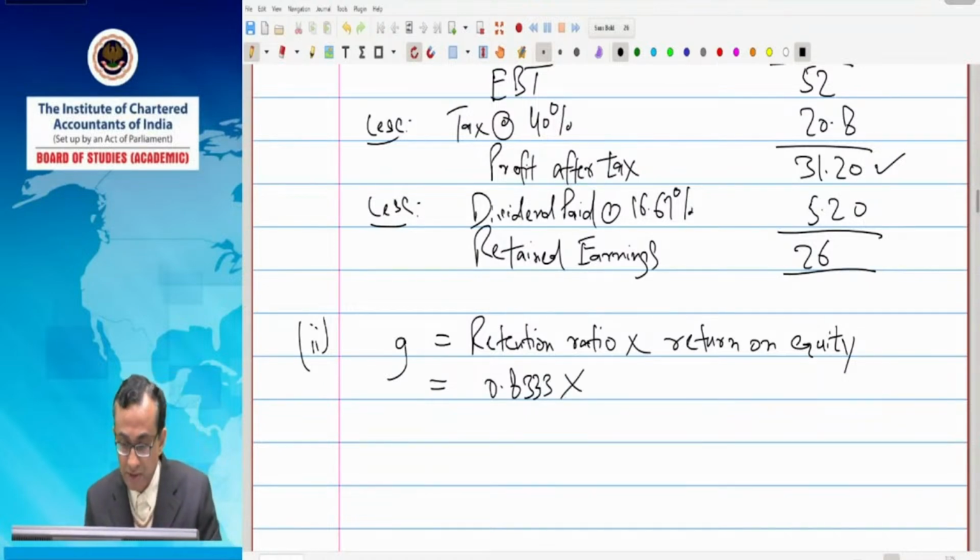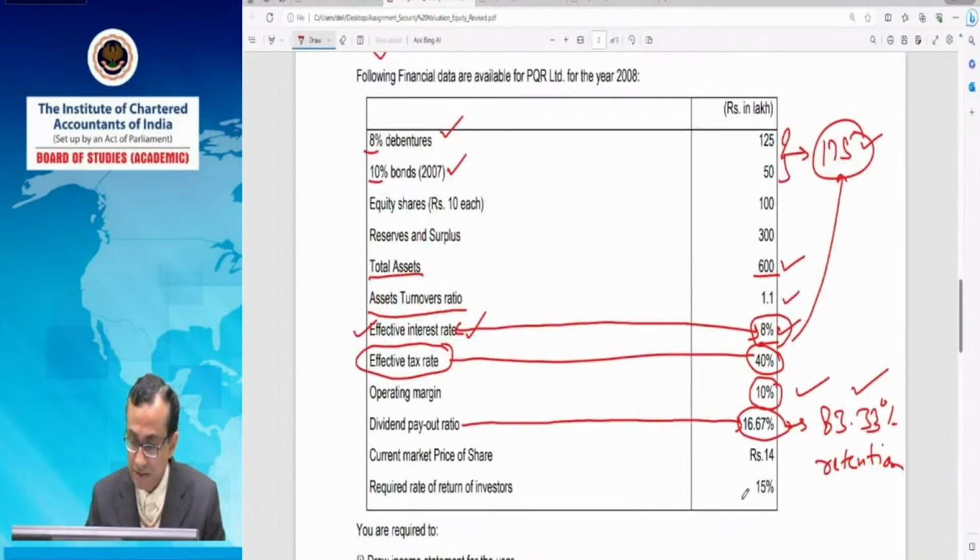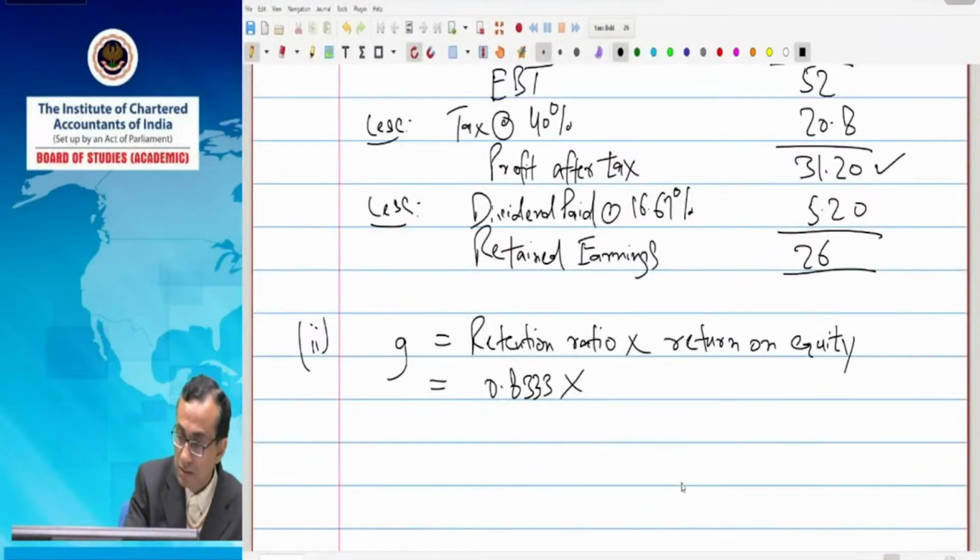Whether it is given in the question, let us see. The required rate of the investor, the discount rate, is given, but return on equity is not given. So you have to calculate the return on equity. So ROE, return on equity, is equal to, how is it calculated?